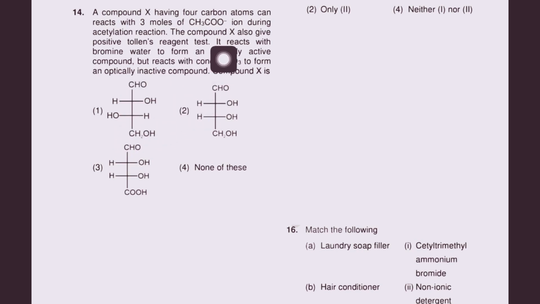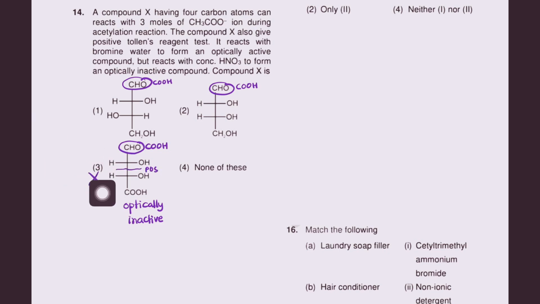It reacts with bromine water to form an optically active compound. Bromine water will convert CHO to COOH. Here also it will convert CHO to COOH. But this one is optically inactive, because it has a plane of symmetry. So this is not the answer.